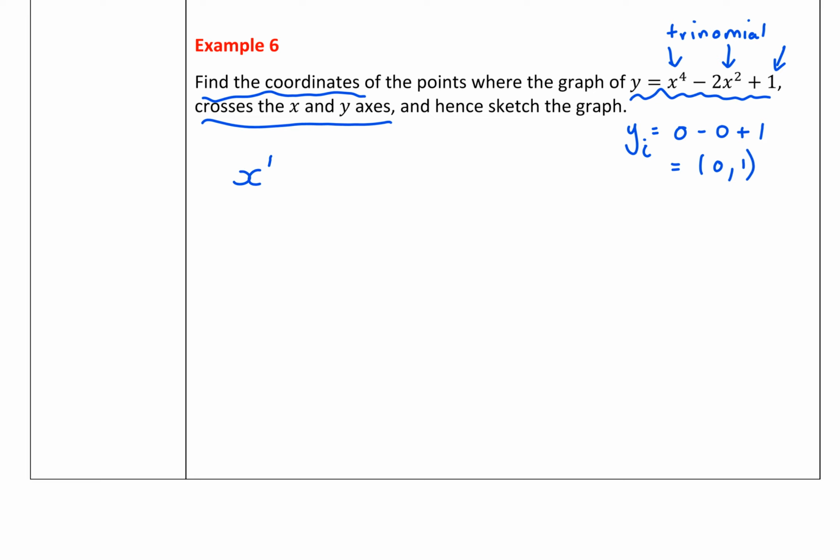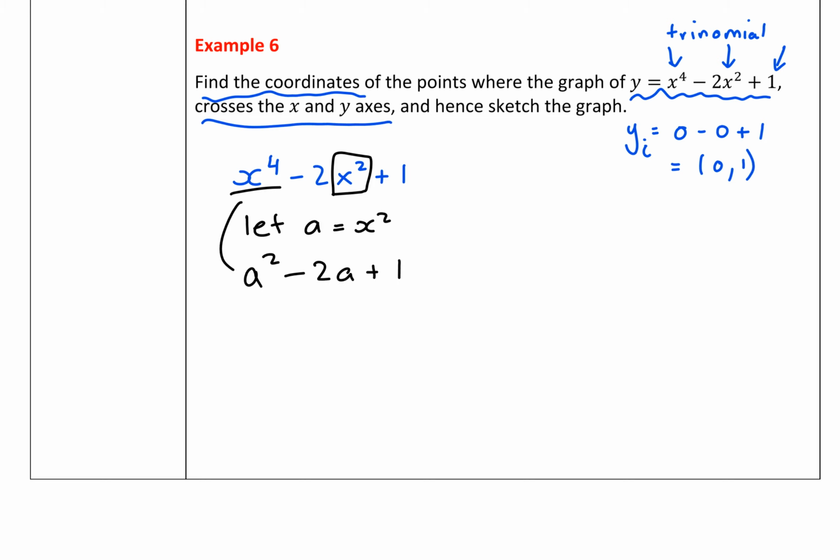Now if I had x to the 4 minus 2x squared plus 1, I can make a simple substitution. Suppose I let a equal x squared. Well, x to the 4 is x squared squared. So that's just going to be a squared minus 2a plus 1.